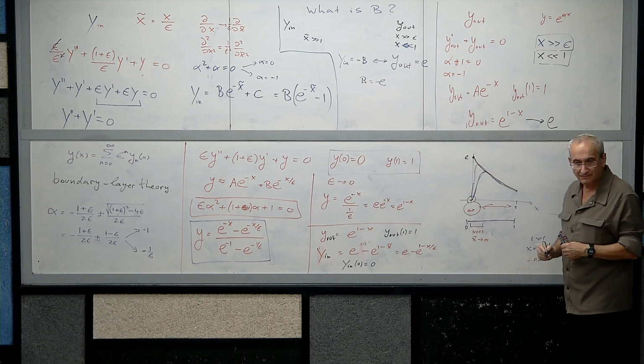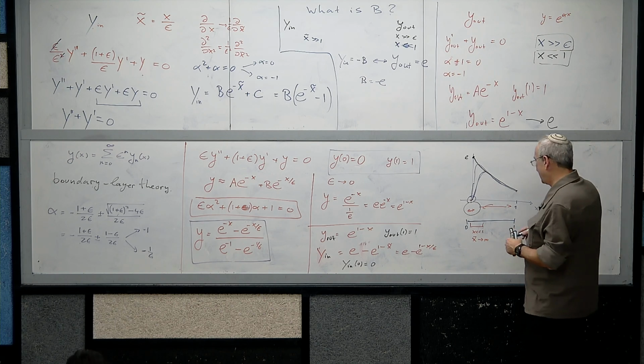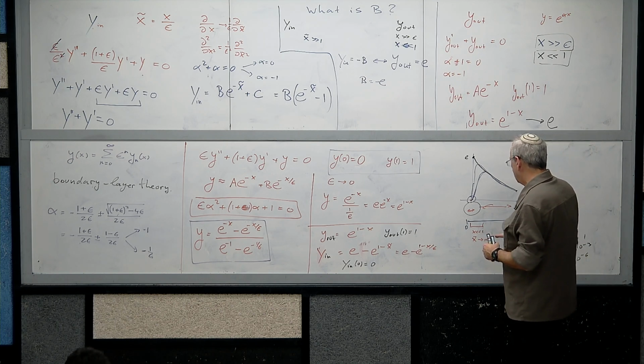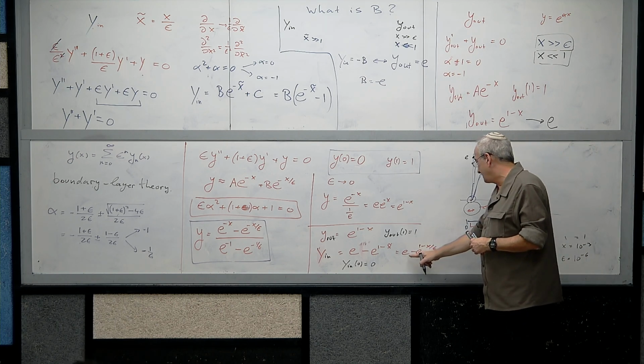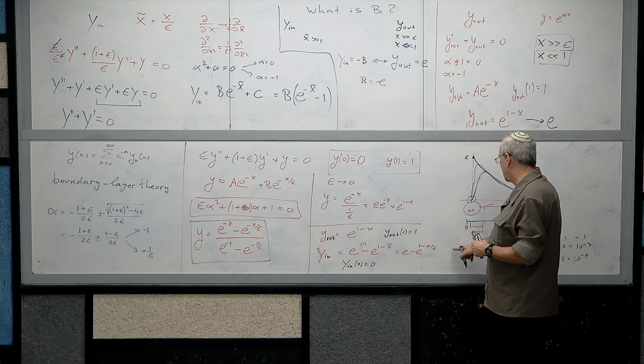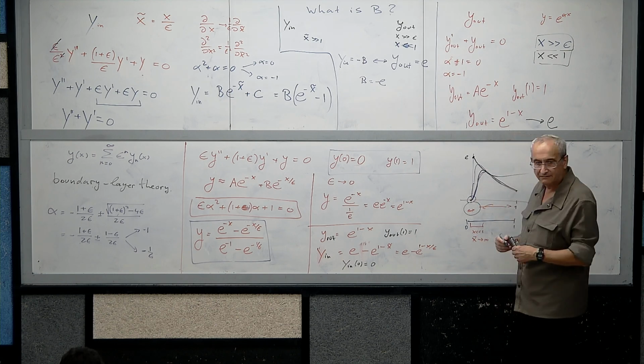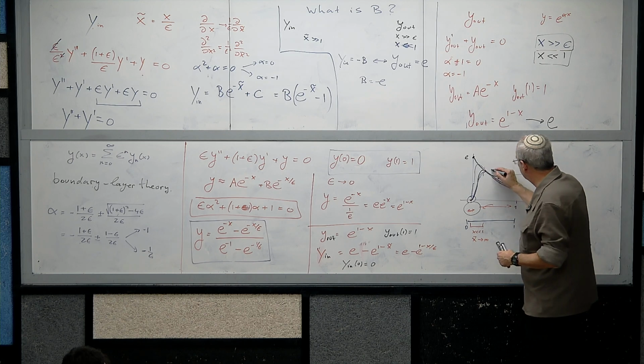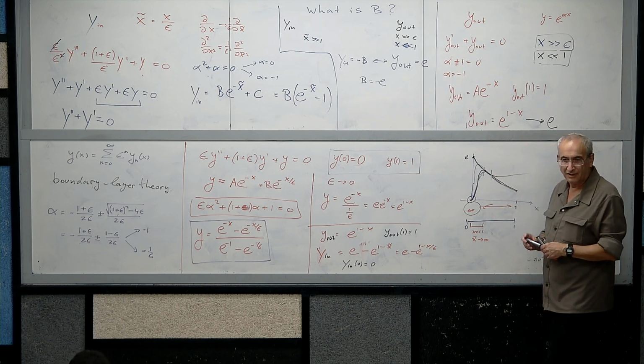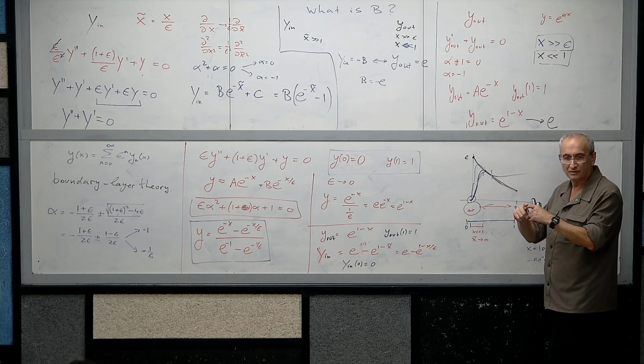Now y in is e times 1 minus e to the minus x tilde. It will go like that, something like that. And there is this matching region where both of them overlap with each other.